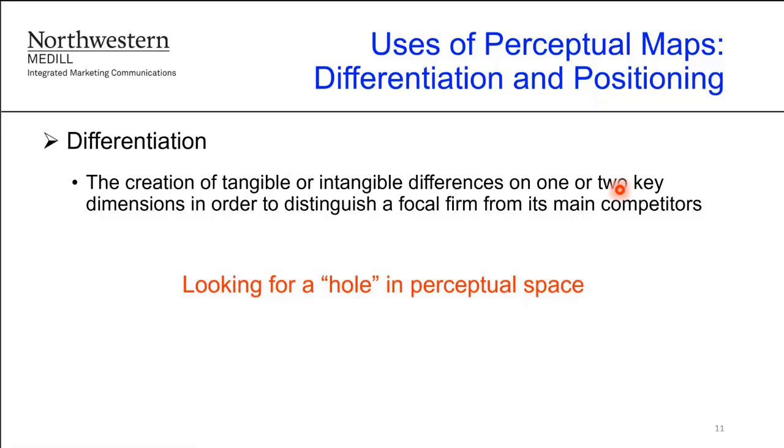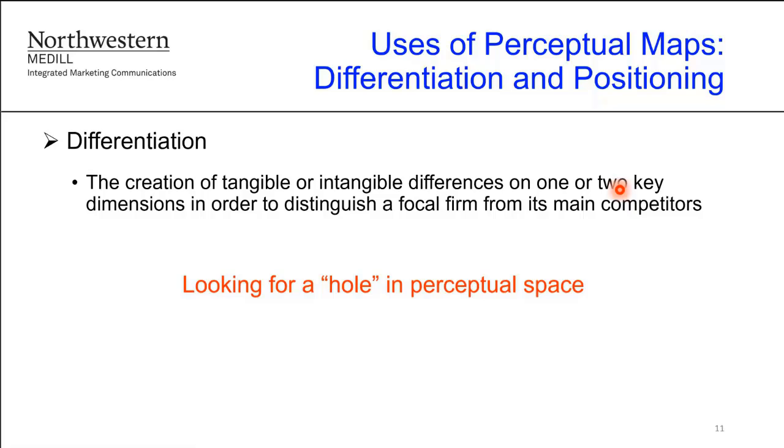And if you create this perceptual map pretty comprehensively, meaning with pretty much all the brands in a certain market, for example, the beer market, then we know which brand is where in this positioning map.